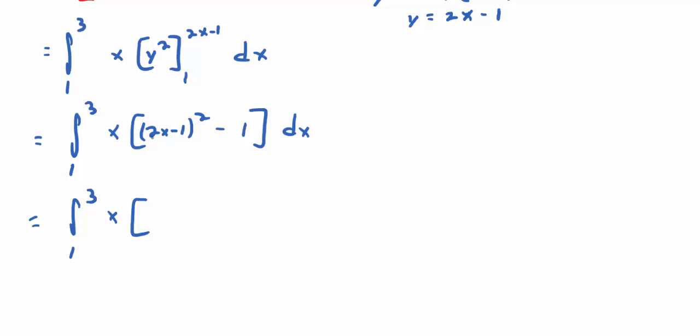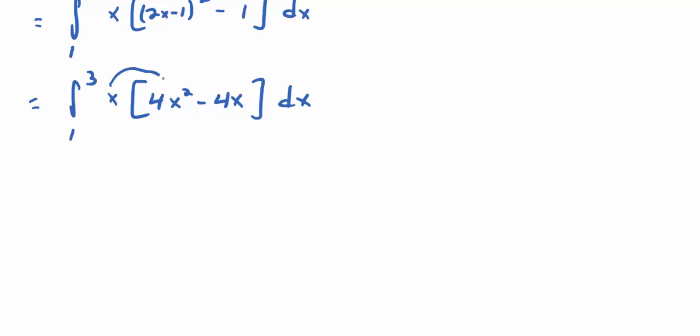We get 4x squared minus 4x plus 1, but that plus 1 is going to cancel with that minus 1. And before we integrate, we should distribute that x, right? So we get 4x cubed minus 4x squared as our new integrand.